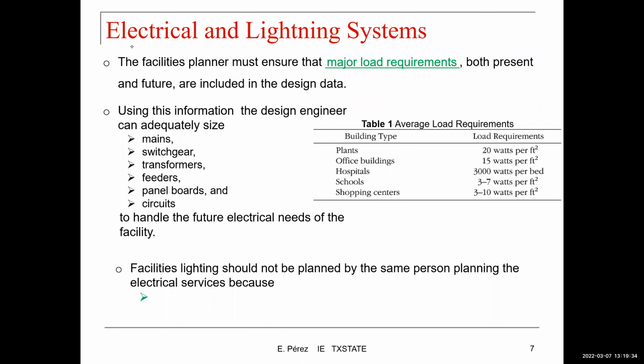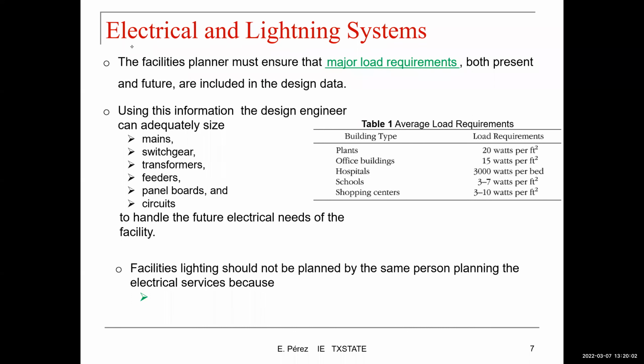Those things are also part of the planning. So facilities planning must ensure that major load requirements, both present and future, are included in the design data. Using this information, the design engineer can adequately size main switchgears, transformers, feeders, panel boards, and circuits to handle the future electrical needs of the facility.